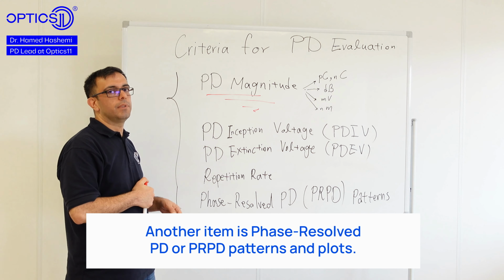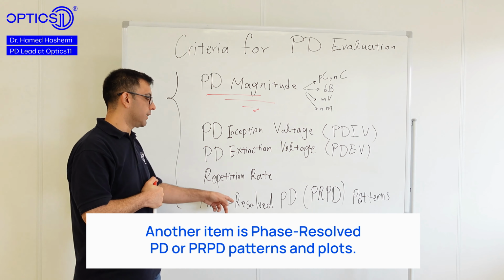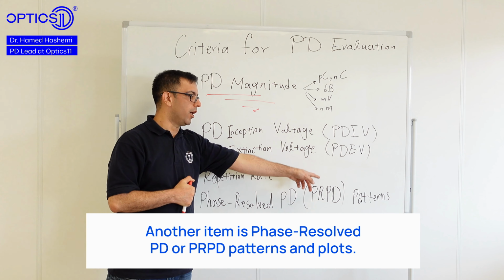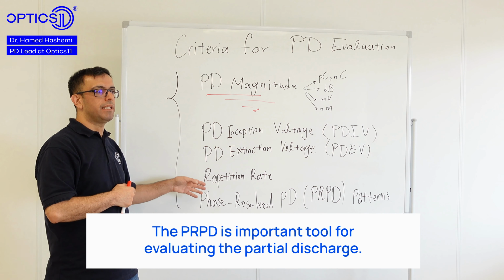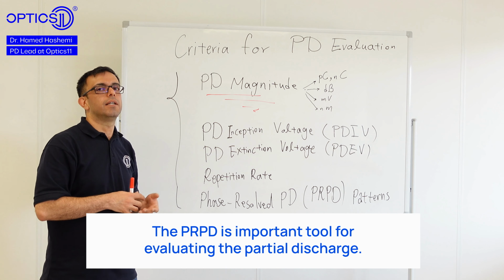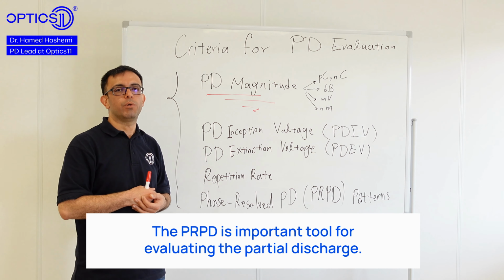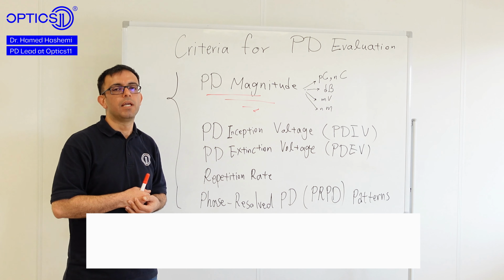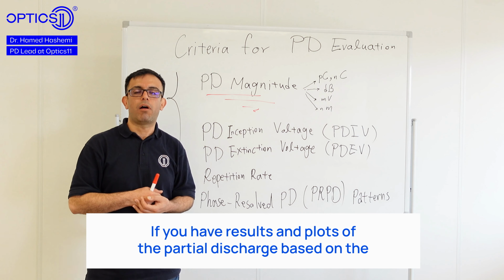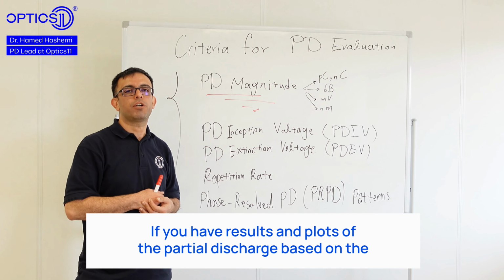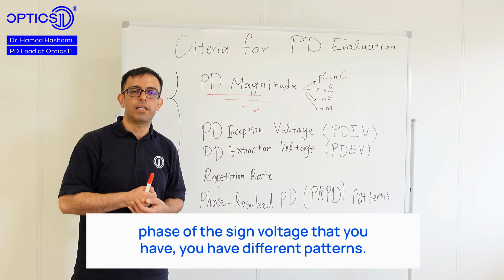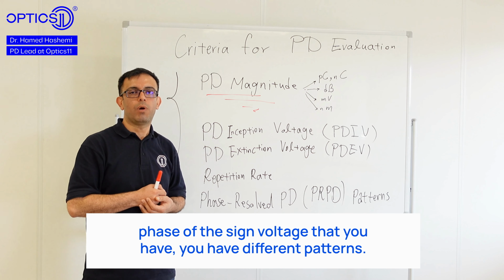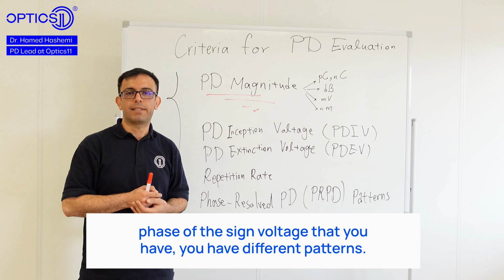Another item is phase resolved PD or PRPD patterns and plots. The PRPD is an important tool for evaluating the partial discharge. If you have results and plots of the partial discharge based on the phase of the sine voltage, you have different patterns.